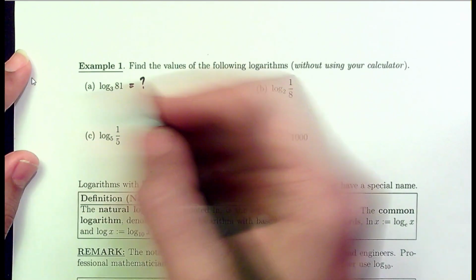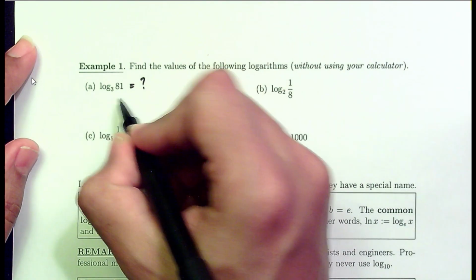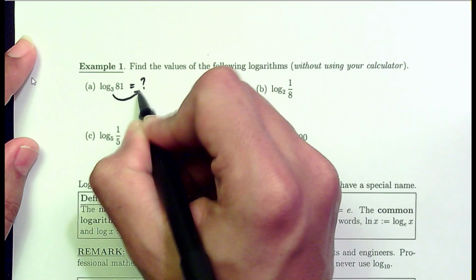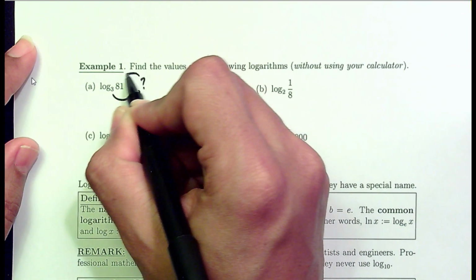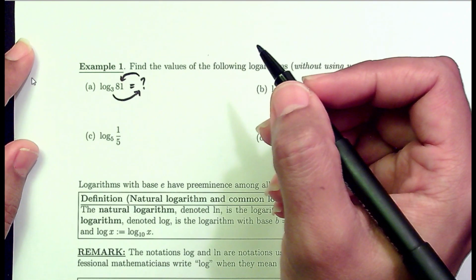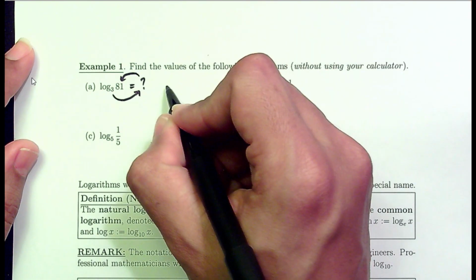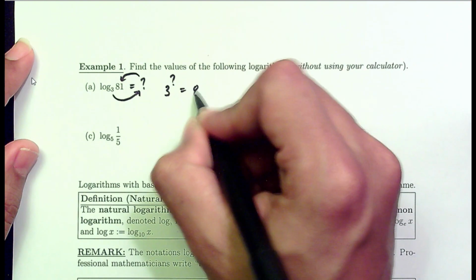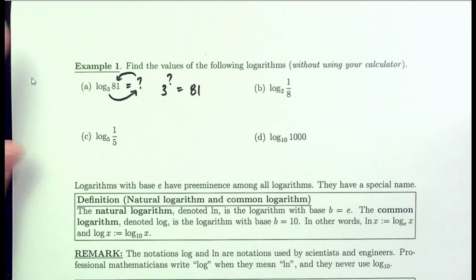Then, according to the diagram, 3 to the question mark equals 81. That's how you interpret the logarithm. So 3 to the what number equals 81.